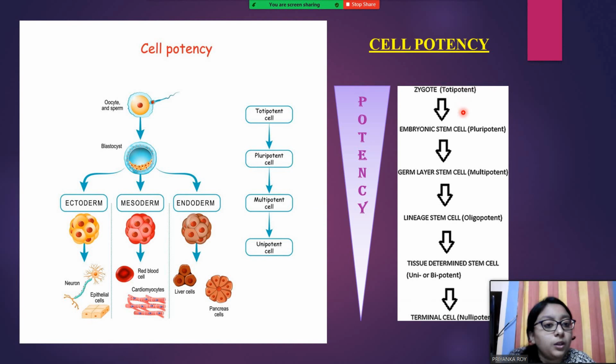So from zygote to unipotent cell, the potency decreases. The more cell types a stem cell can differentiate into, the more its potency will be, and the lower, however, when it progresses towards development, its potency will decrease.